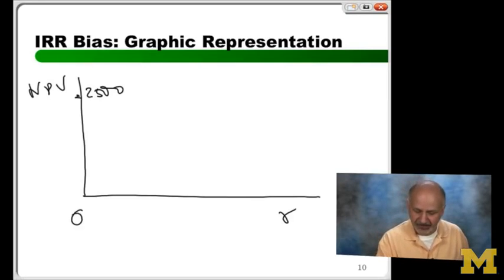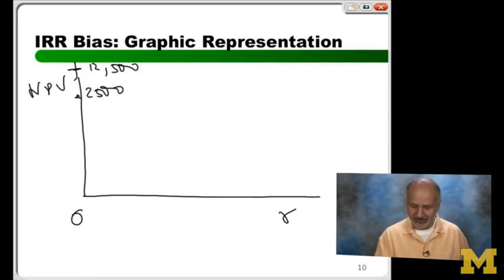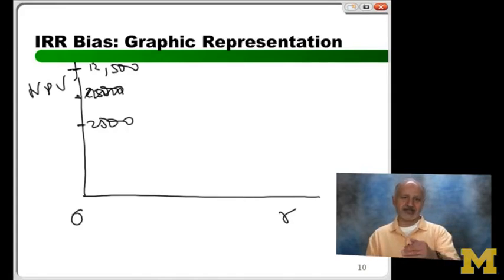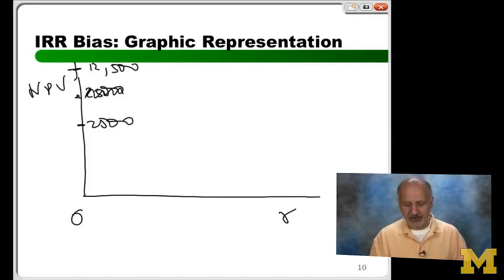Project B, and I'm not drawing to scale, 12,500. Apologize for this. In fact, let's make this 2,500. Just to make sure we are at least approximately scale friendly. So how did I get the 2,500? If the interest rate is 0, I just take 7,500 minus 5,000.